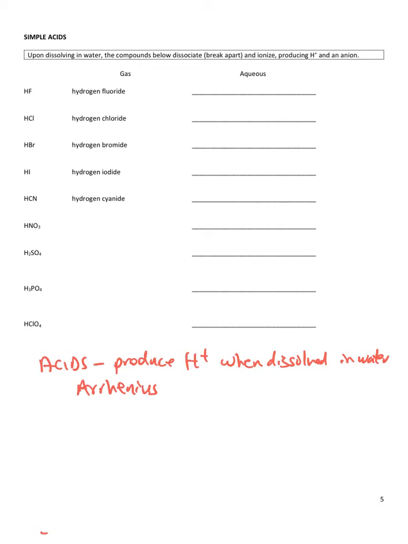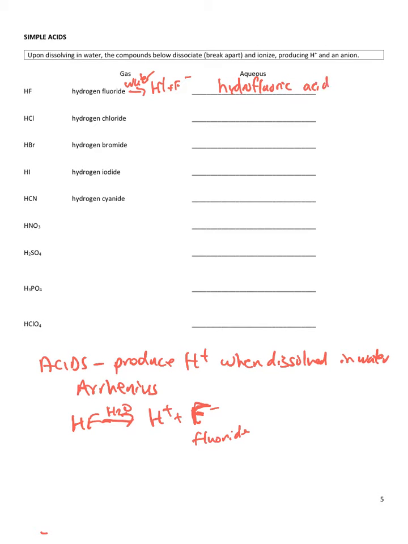In water, that HF breaks apart to make H+ and F-, the hydrogen cation and the fluoride ion. And so we're going to call that hydrofluoric acid. So that's how we're going to name it.